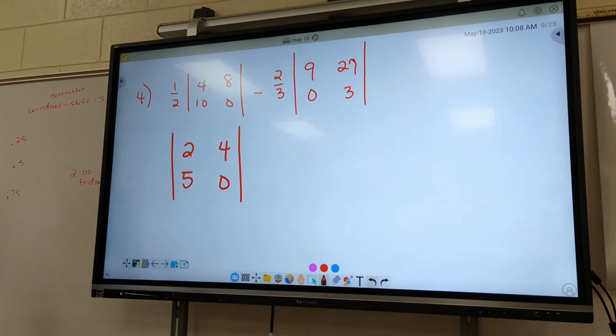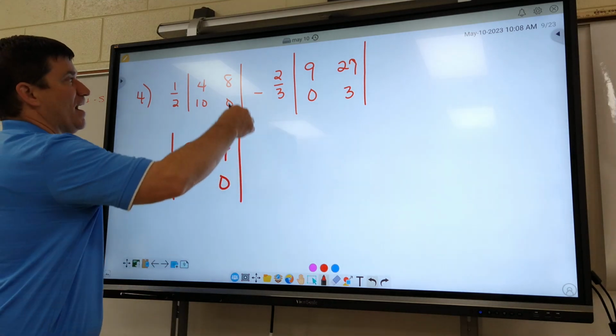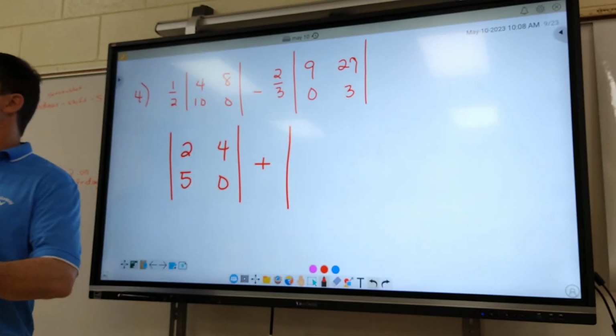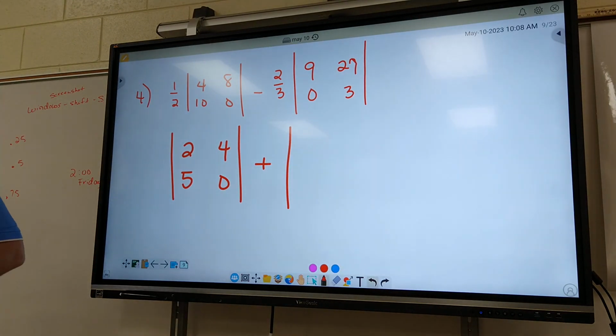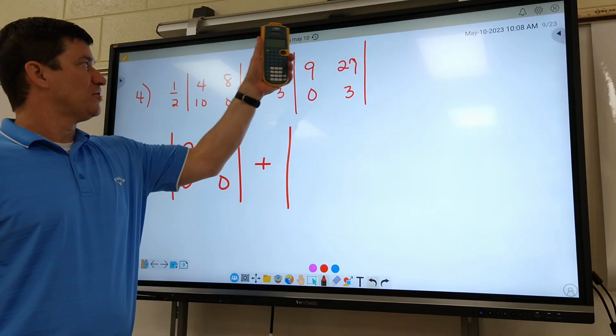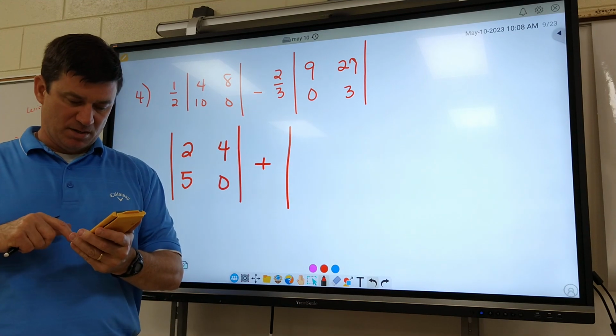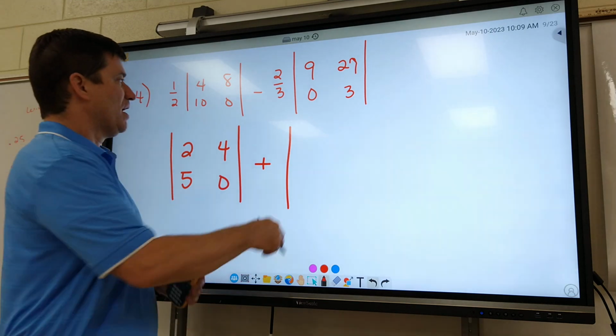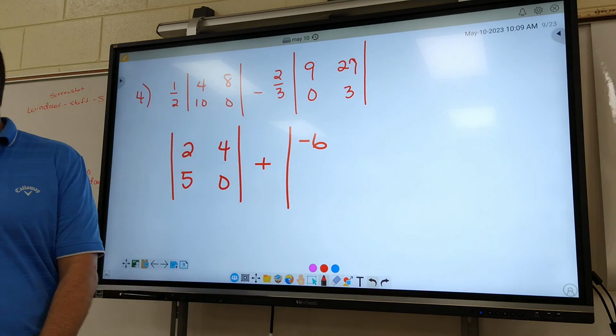All right, we're good on the first one, right? What do I times by when I do the second one? Okay, if you times by -2/3, then that turns into a plus because you're using the negative sign. So -2/3 times 9, just type it in. -2/3 times 9 equals. That becomes a -6 in that spot.